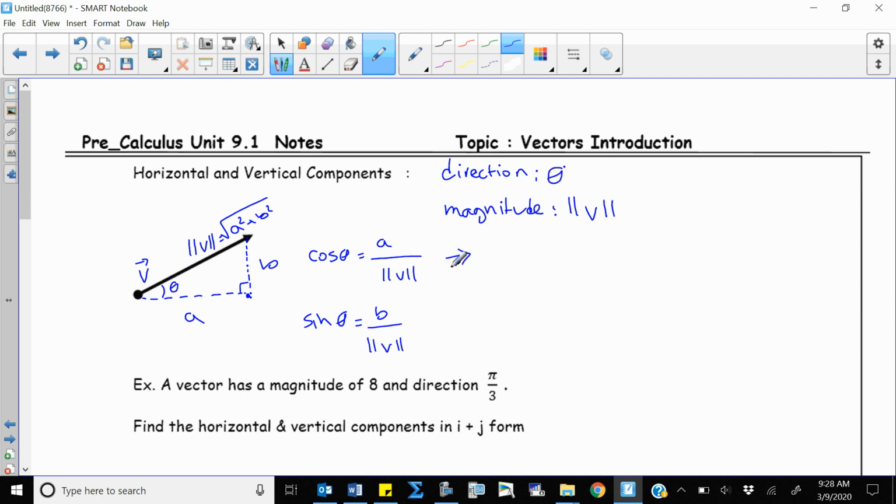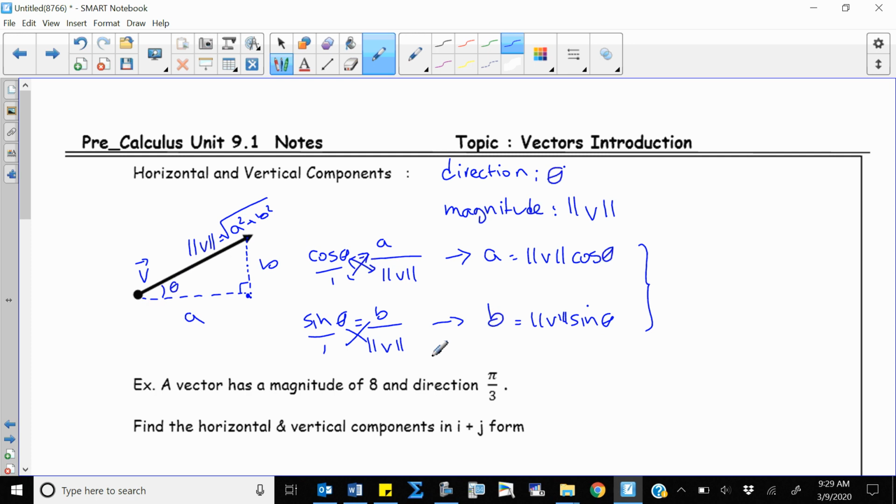From here I can find the x component of this vector. So x component of the vector is magnitude times cosine of theta, because I can just cross multiply. You can set a denominator of 1 here and cross multiply. Then a times 1 is a, and magnitude times cosine of theta goes to the other side. The same here. Set the denominator of 1 and cross multiply. Then b will be magnitude of v times sine of theta.